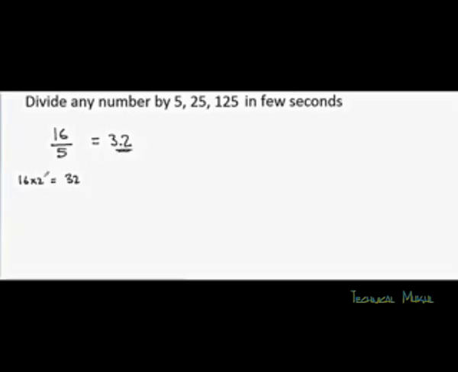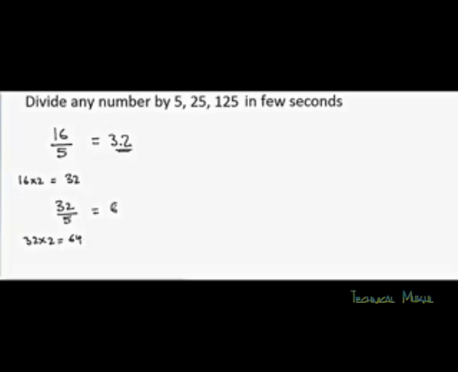So what I did is I just doubled the number, and then I put a decimal after one digit on the right. Again, suppose I have 32 and I want to divide it by 5. In this case, the answer will be 32 times 2, which is equal to 64, right?